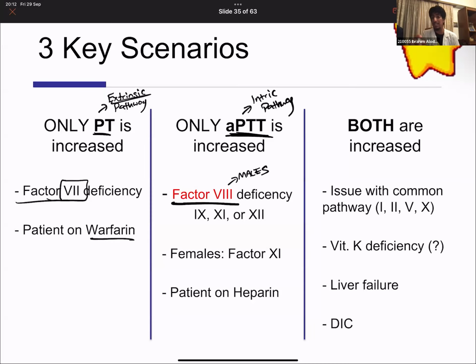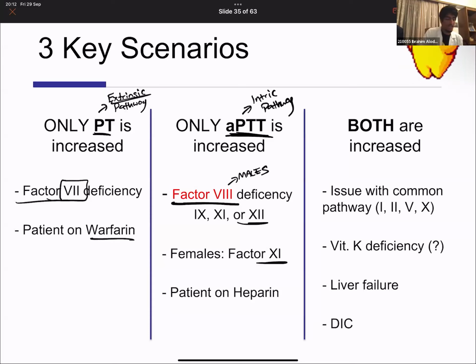If the patient is a female, it's most likely going to be factor 11, and we'll talk about why that is. Rarely do you ever have factor 12 deficiency, because if I recall correctly, nobody really knows what factor 12 does. There are some people with defective factor 12 and it doesn't really affect them. Anyways, that's just research stuff.